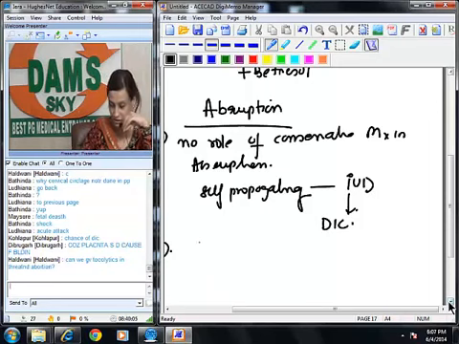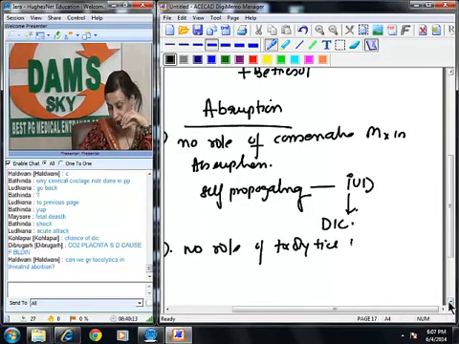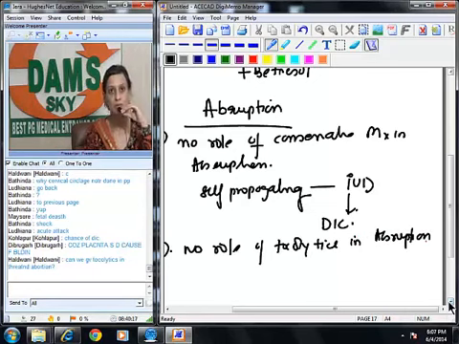The second point is, since there is no role of conservative management, there is no role of tocolytics in abruption. You don't want to stop the process of labor, you want the process of labor to set in. So we do not give tocolytics in abruption.